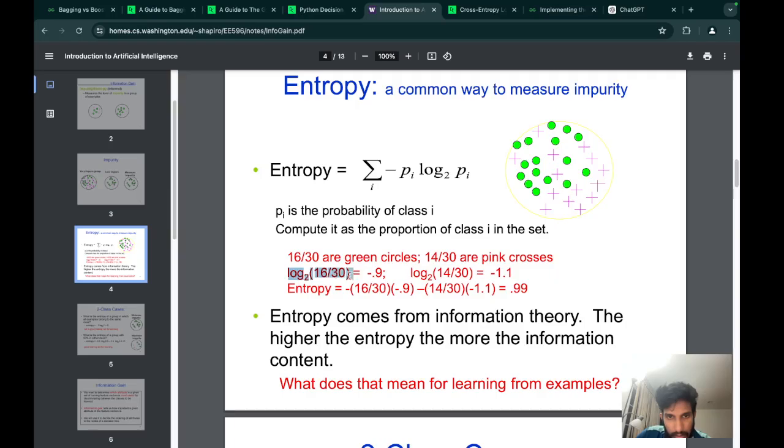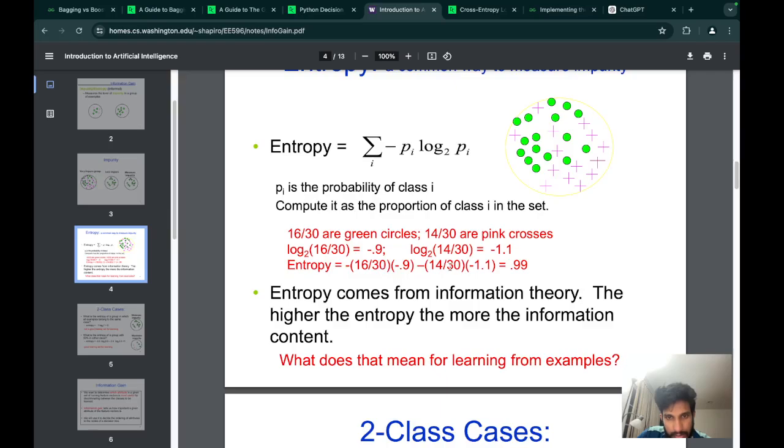Log base 2 of 36, this probability is minus 0.9 and log 2 is 0.1. Entropy is, and it just does it.